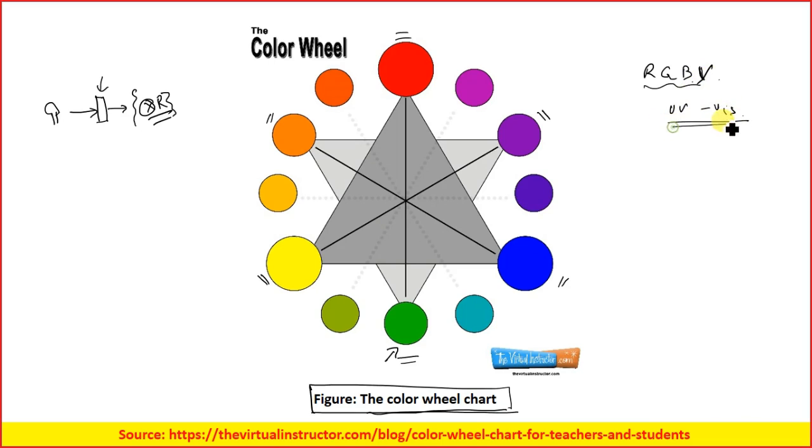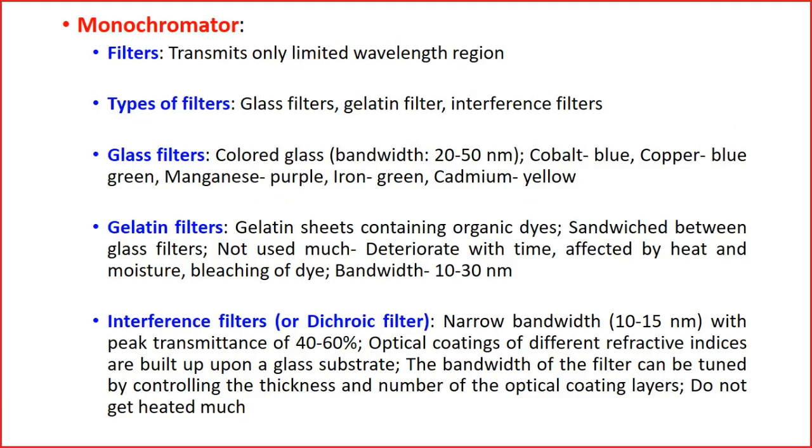From the ultraviolet, we go to the violet and then enter the total visible spectrum. So at least for these colors, you should know the complementary colors. Now monochromators.